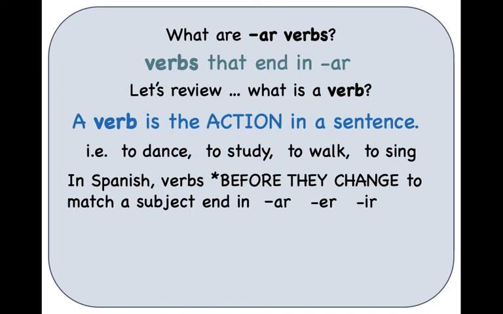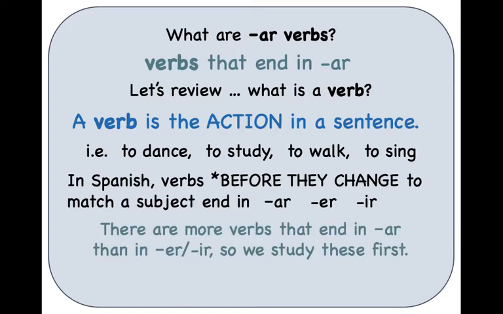So we already learned that. So verbs before they change to match a subject end in either AR or the pair ER or IR. There are more verbs that end in AR than in the other two pairs, ER or IR. So we study these first. And you already learned a verb that ends in ER, the verb ser, to be.